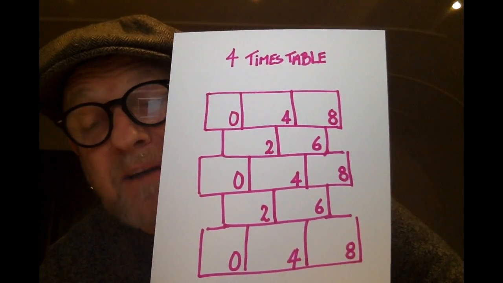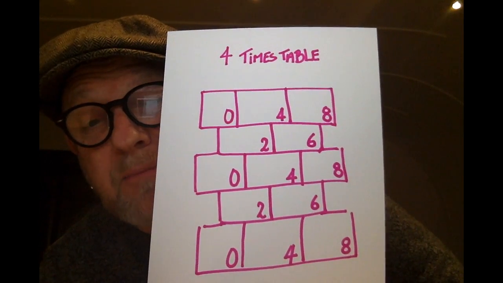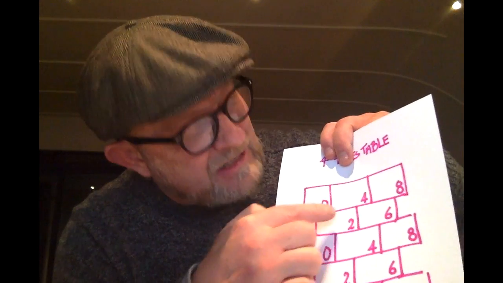Then we write our basic 2 times table in the bricks provided. So 0, 2, 4, 6, 8, 0, 2, 4, 6, 8, 0, 4, 8. We do it this way because it's the next brick along that you're working on.